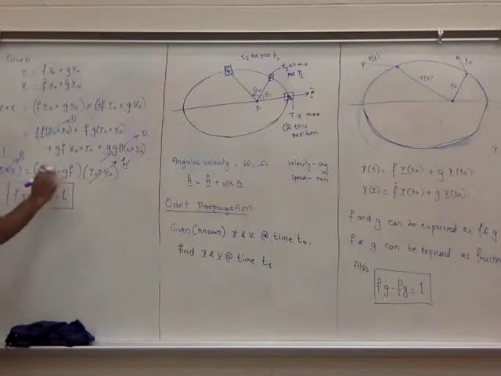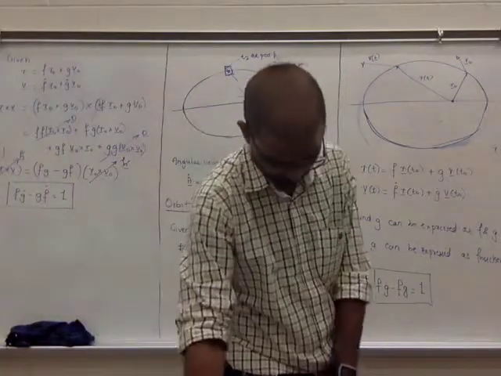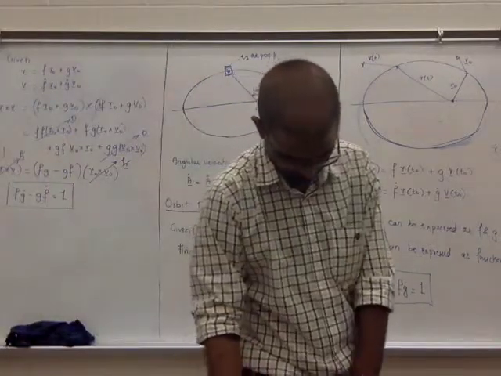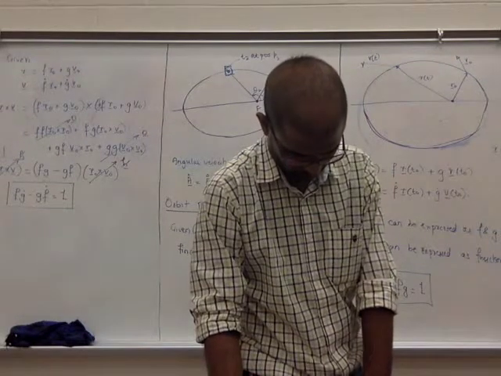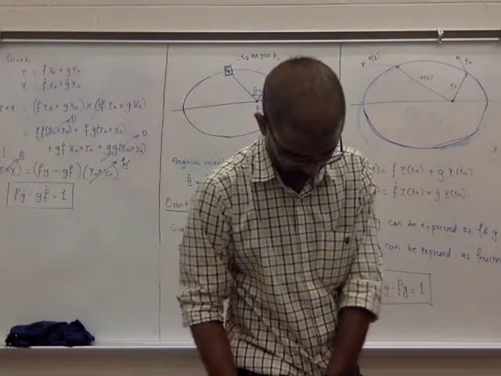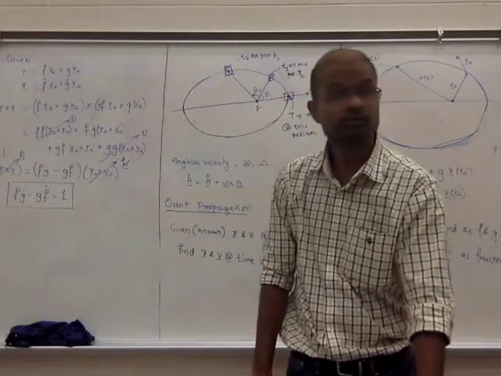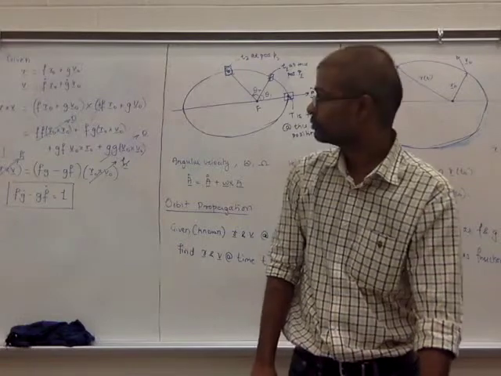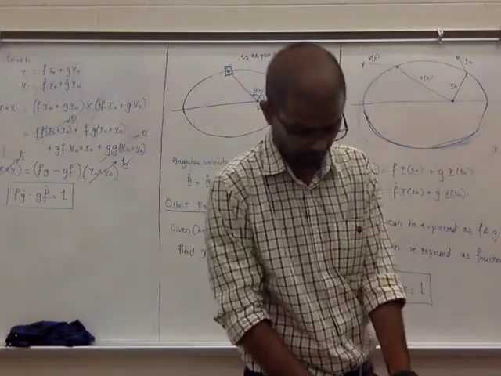Where did this minus come from? You did not notice that? Did you write that 1 up there? Did you write the number 1? Right. So you cross h and h cancels. You get 1.